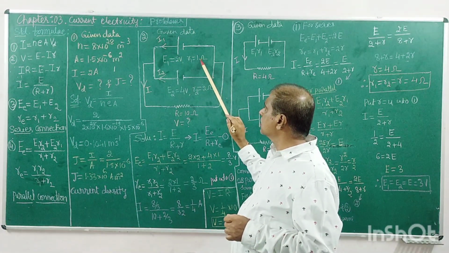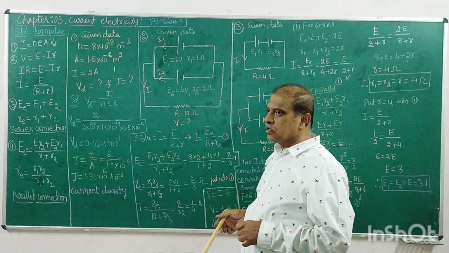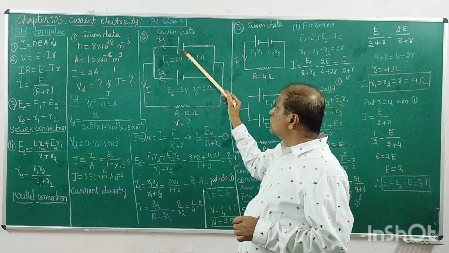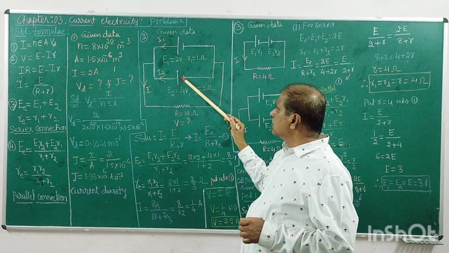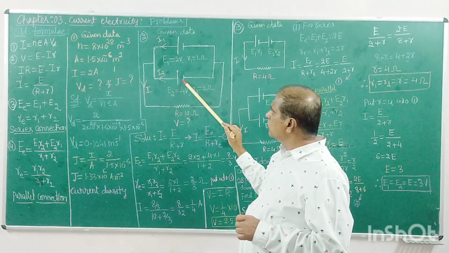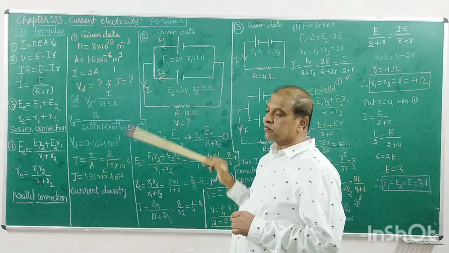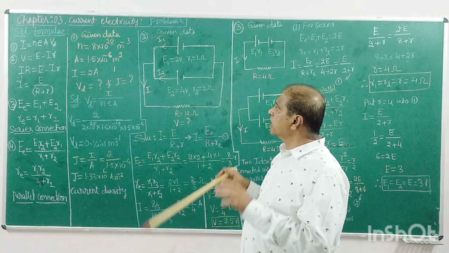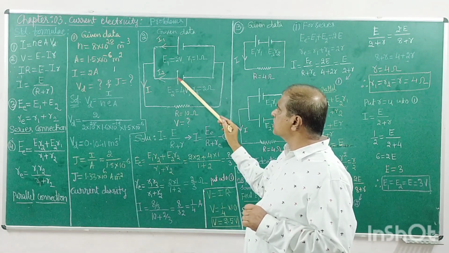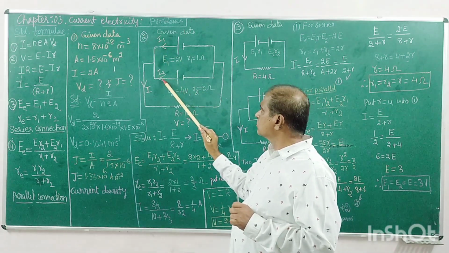These are the values for the two cells. These two cells are connected in parallel in such a way that current from both of them flows in the same direction, like this.